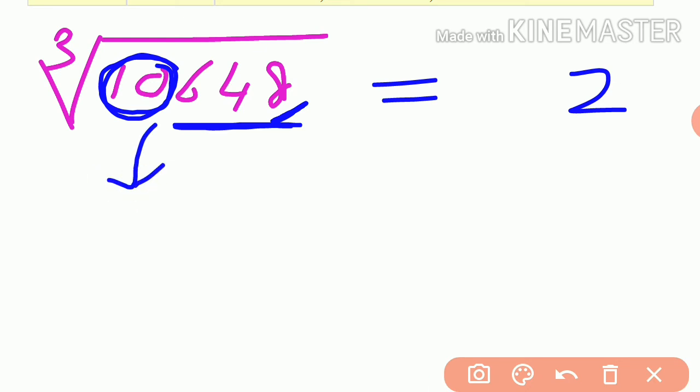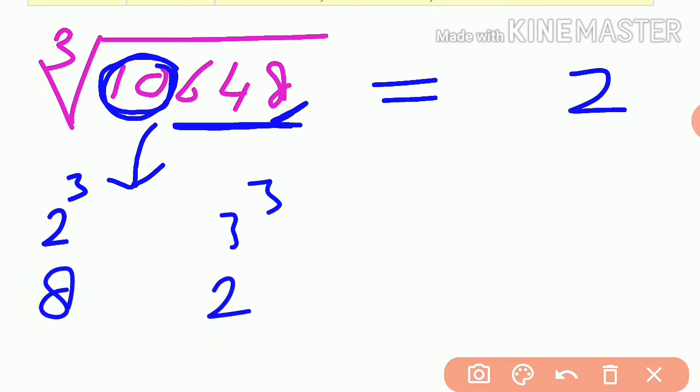10 lies between 2 cubed, which is 8, and 3 cubed, which is 27. So 10 is between these numbers.